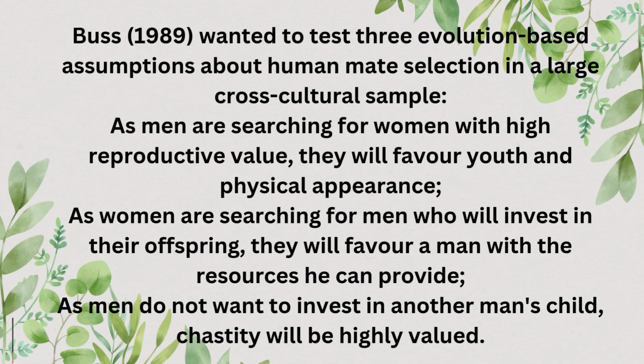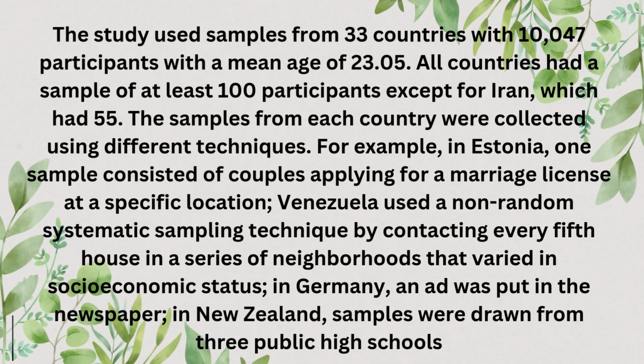As men do not want to invest in another man's child, chastity will be highly valued. The study used samples from 33 countries with 10,047 participants with a mean age of 23.05. All countries had a sample of at least 100 participants except for Iran, which had 55.